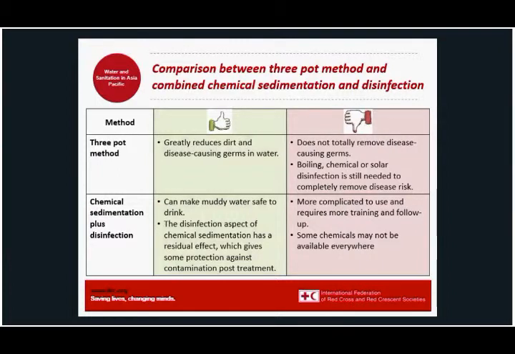And the disinfection aspect of chemical sedimentation has a residual effect, and it gives some protection against contamination after the treatment. But the not-so-good thing, of course, is that it is more complicated to use. Chemical sedimentation requires more training and follow-up. And in some countries, these chemicals might not be available.